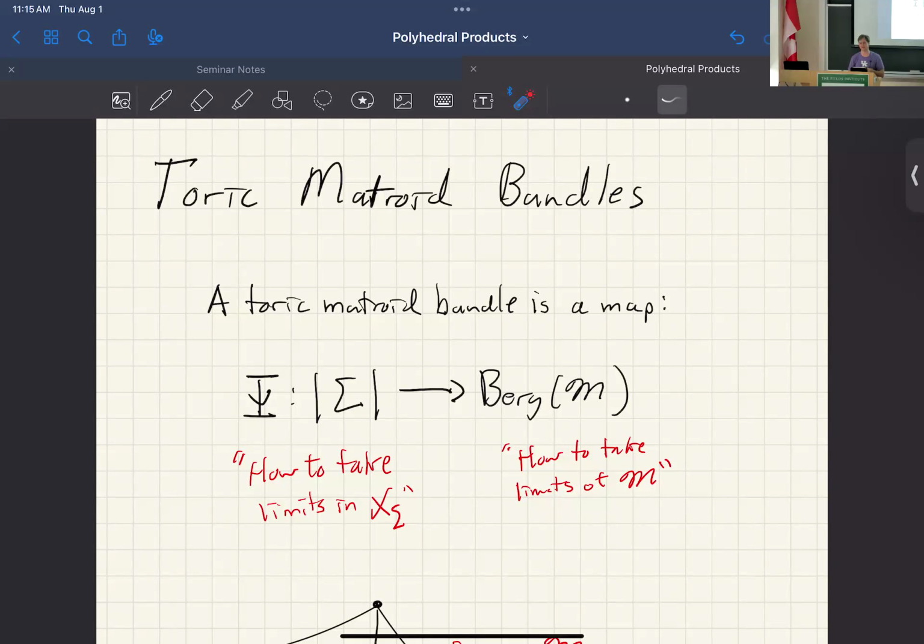The Bergman fan tells you how to go to infinity with a matroid, right? So to make a toric matroid bundle, you just match up the 2 ways to go to infinity. I tell a co-character how to take the matroid over the identity of the torus and send it to the boundary, literally by making a map between the fans.